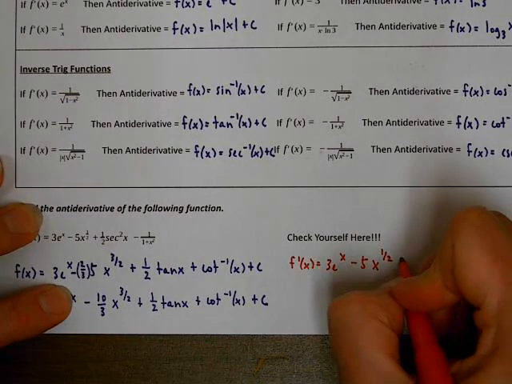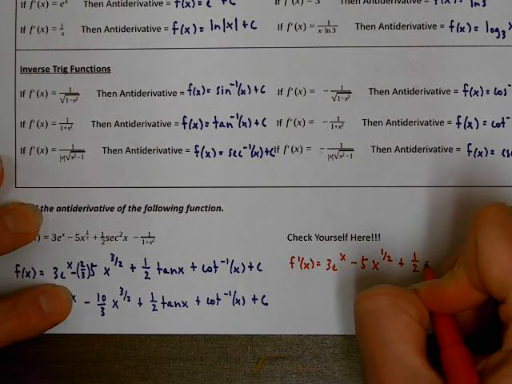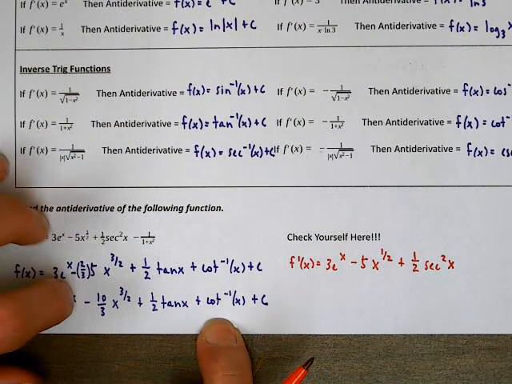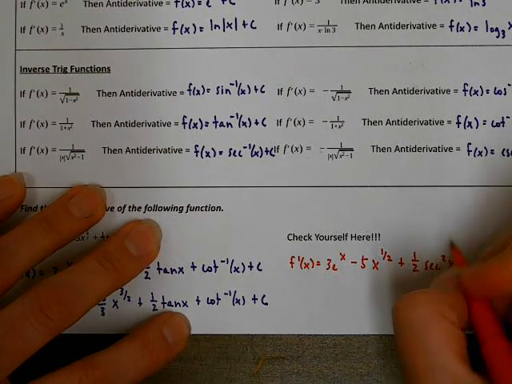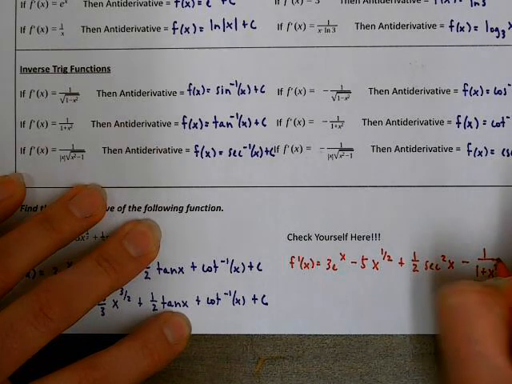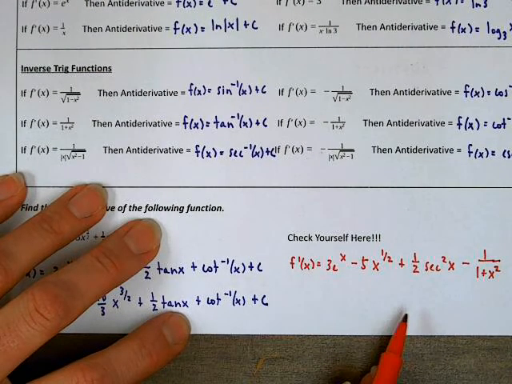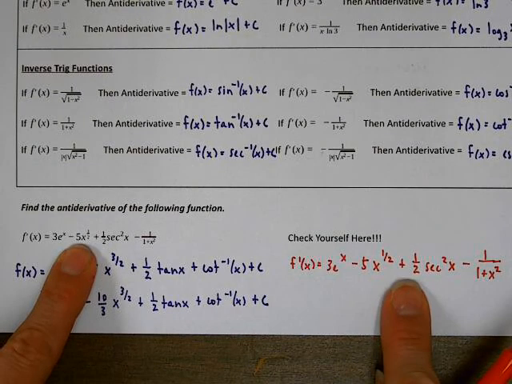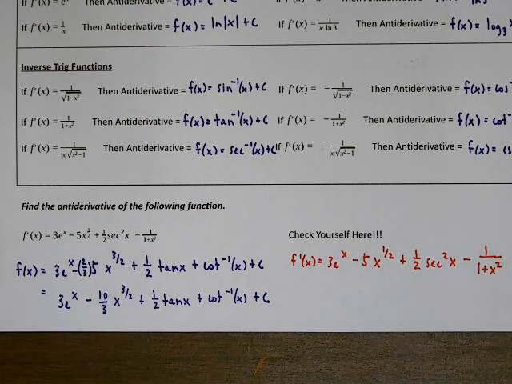Derivative of tangent x is secant squared, so I've got 1/2 secant squared of x. And the derivative of my inverse cotangent is a minus 1 over 1 plus x squared. Plus c represents a constant, so that derivative is 0. So now if I compare, my derivatives match, and I know I found that antiderivative correctly.